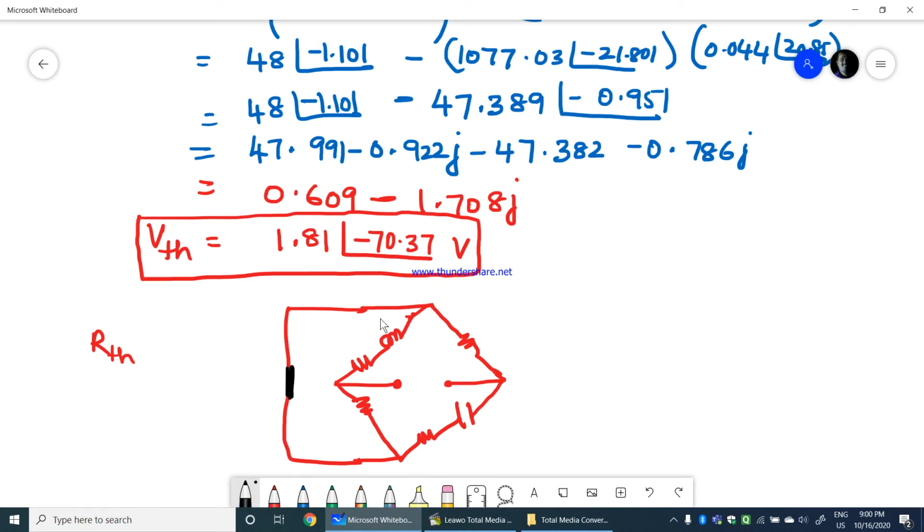So therefore 40 ohms, J20 ohms, then 50 ohms, 1000 ohms, then we have 1000 minus J400. Okay, now this is what we have. Now to find out Z out.